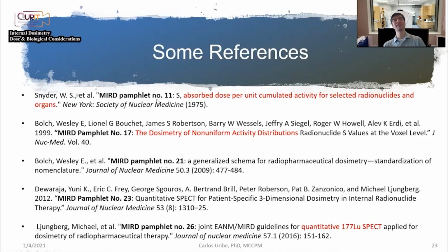For example, pamphlet number 11 was released in 1975, and it talks about absorbed dose per unit cumulative activity for some radionuclide organs. The most recent one is pamphlet number 26, which talks about guidelines for quantitative lutetium-177 SPECT. There are pamphlets that suggest how you can do dosimetry using SPECT. Others cover how you can make dosimetry calculations using voxelized approaches.